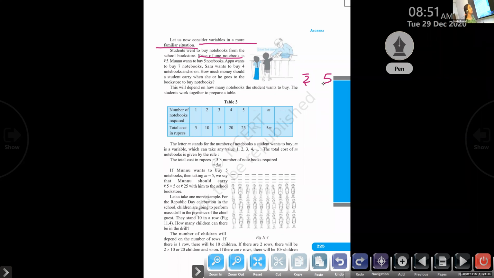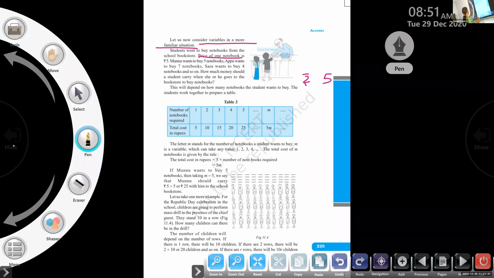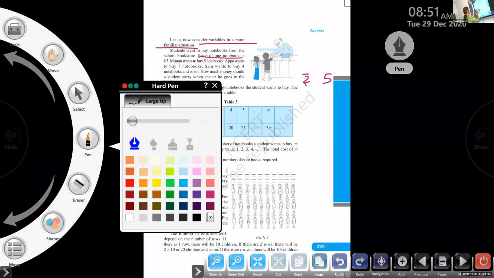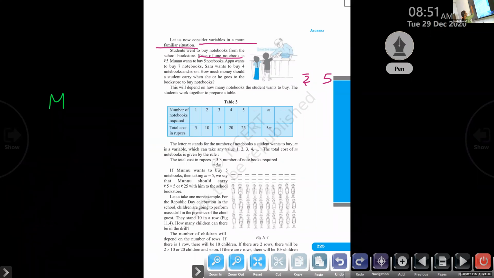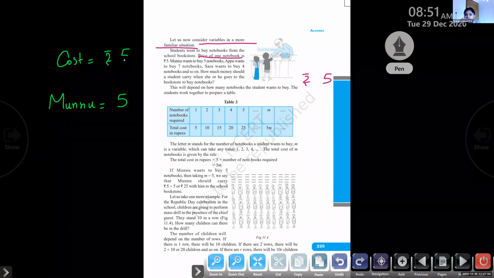There are 3 children. One child, Munnu, wants to buy 5 notebooks. What is the cost of one notebook? ₹5.